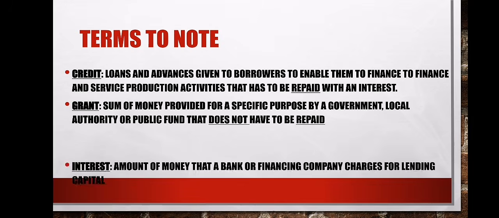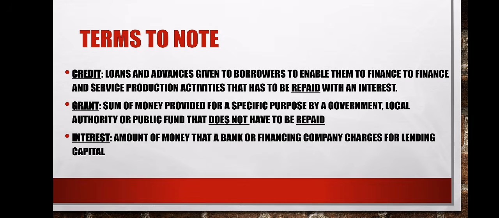Then we have interest. When we look at interest, we say it is the amount of money that a bank charges for lending you capital. We'll look at how we calculate interest as we move along to the financial document. So you will borrow money. Let's say you borrow a loan of 200k.